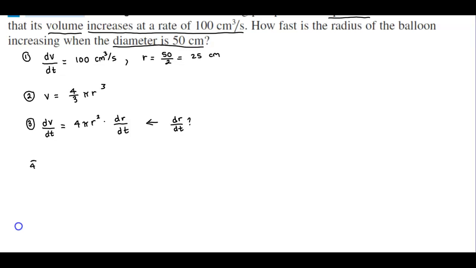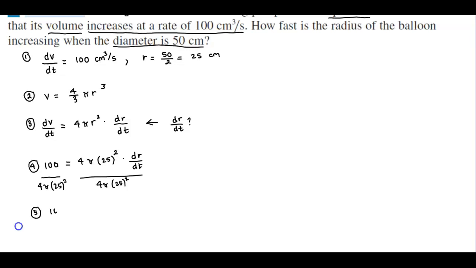We know that dV/dt equals 100, and that's equal to 4 pi, and we know that r represents 25 centimeters, and we're going to square that, times dr/dt. Now we're going to divide both sides by 4 pi times 25 squared.